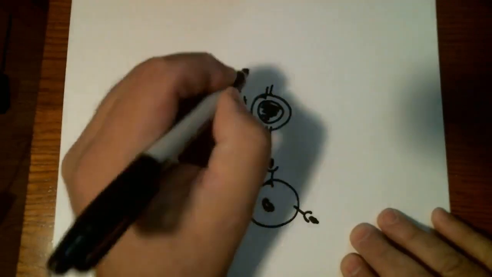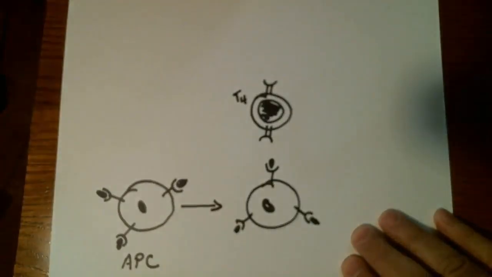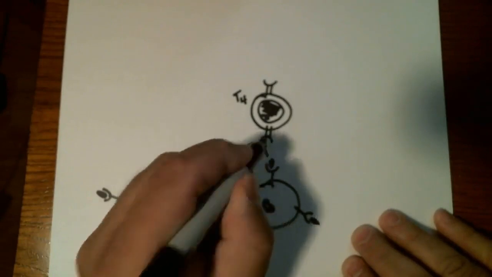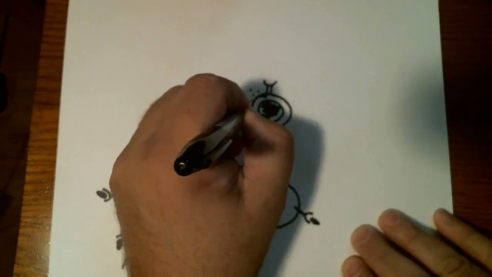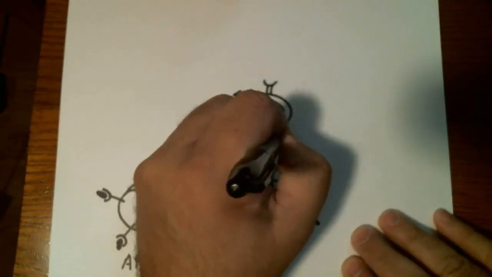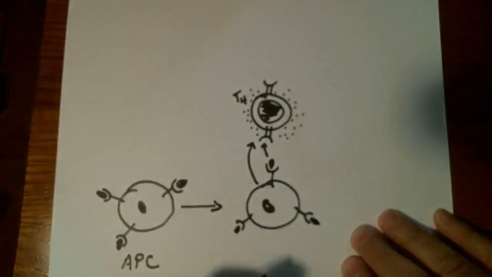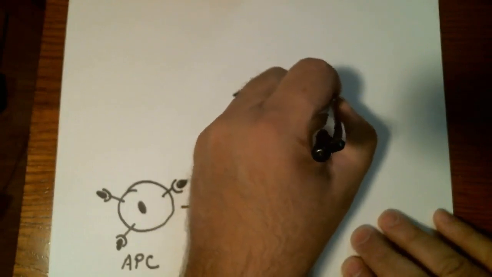Now these T4 or T helper cells themselves have, let's call them, proteins that act as docking mechanisms. And what's going to happen is this antigen-presenting cell is going to be able to dock with this T4 cell or this T helper cell. Once it docks with the T helper cell, the cell is going to be stimulated, it's going to be activated, and it's going to begin to release highly reactive proteins called cytokines.